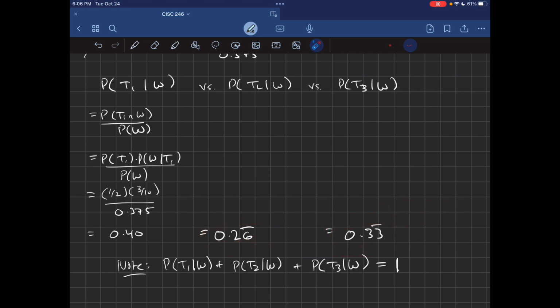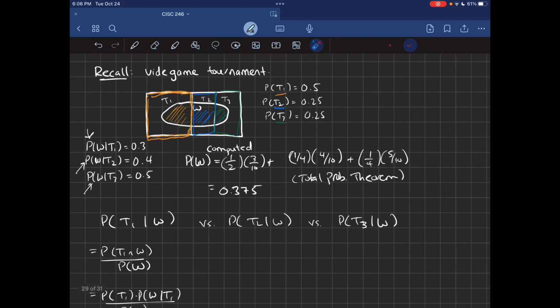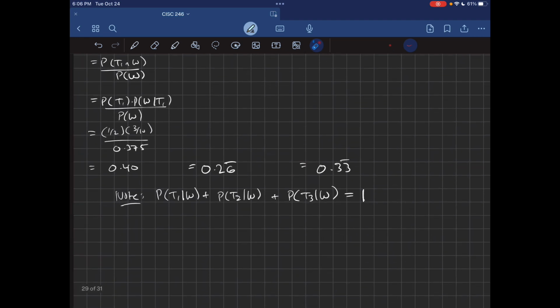It's an unintuitive result, but when we reason about it with those quantities at play, it makes a little more sense. Type 1 has the most in the prior in the population, so even though you have the least success winning against them, the fact that they're half the population overcompensates for that.